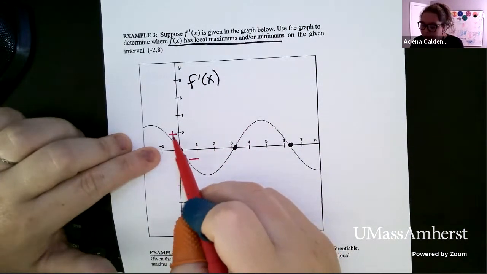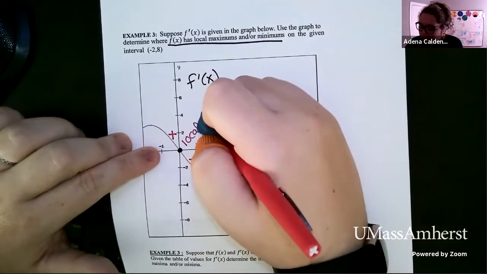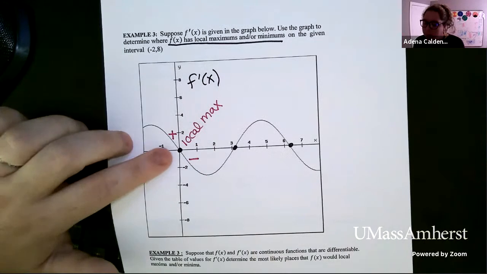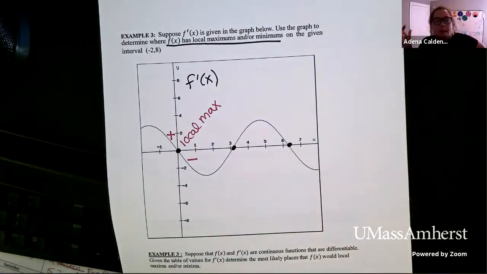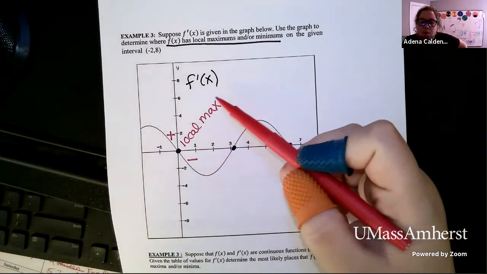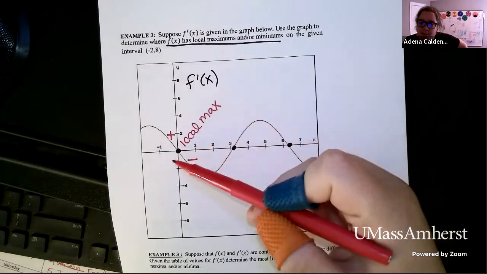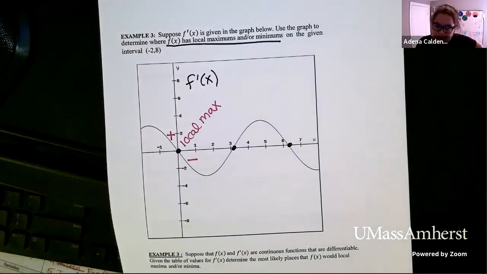If we change from positive to negative, that makes your critical point a local max. So what does that mean? That means on the original function that we do not have, we don't know what it looks like, but at x equals 0, the original function has a local maximum. And we are able to figure that out using this first derivative test.